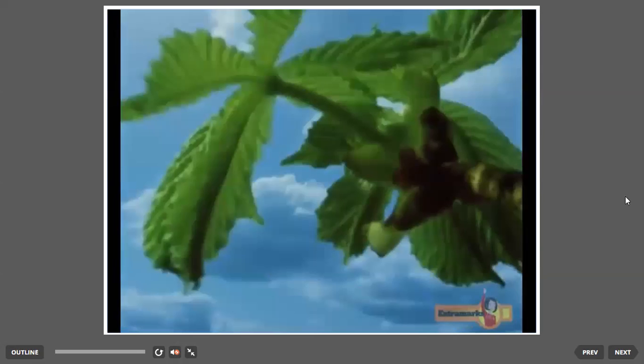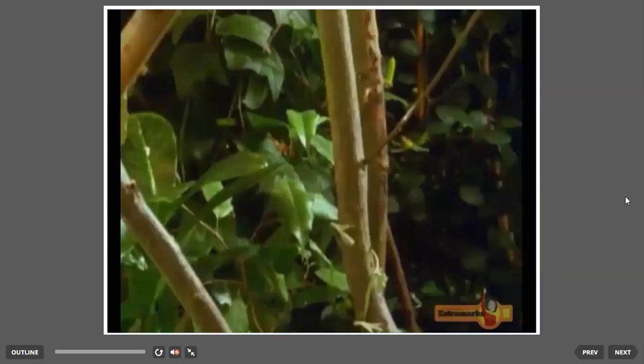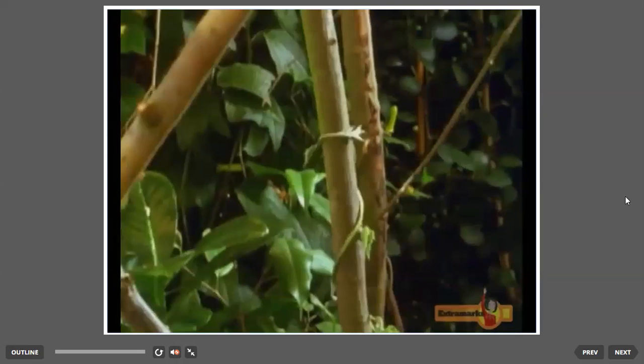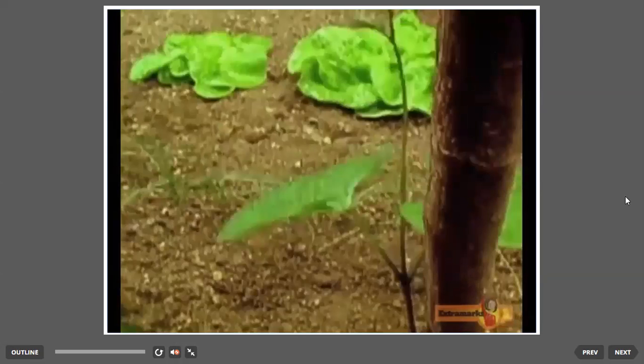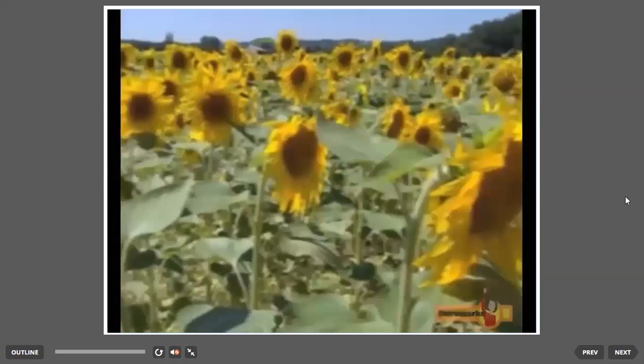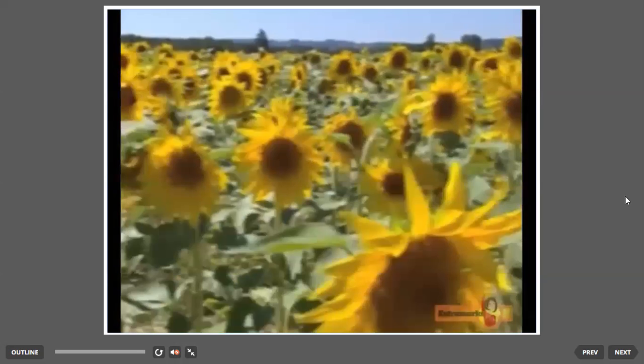plants. The growth movements that occur in the direction related to the stimuli, for example light, are called tropic movements. When growth movements in plants occur in response to light, it is called phototropism.